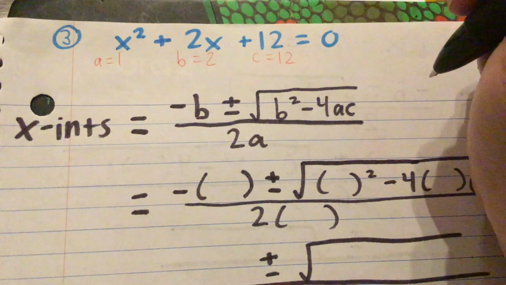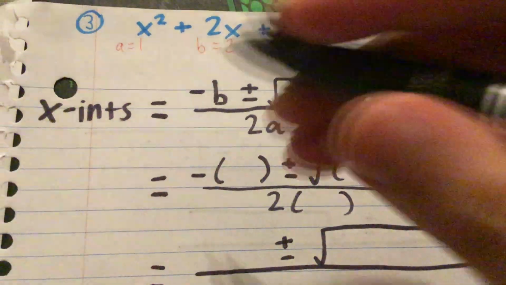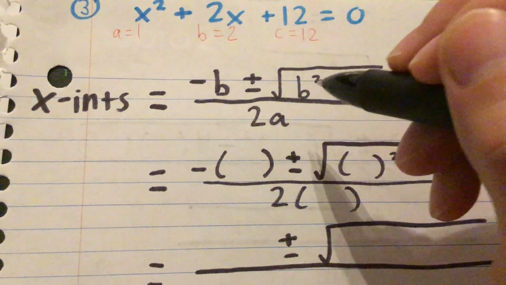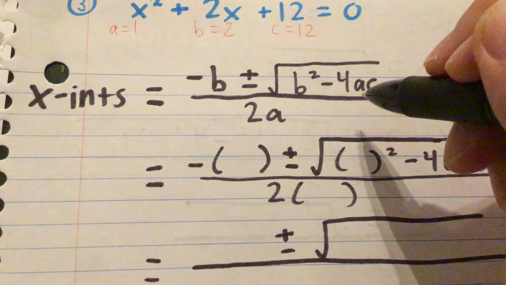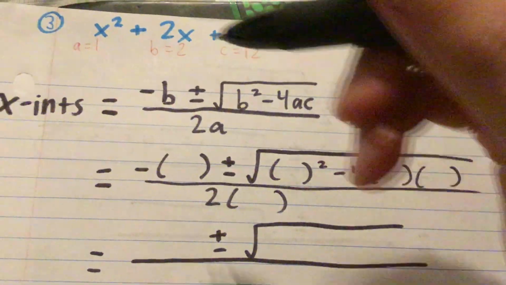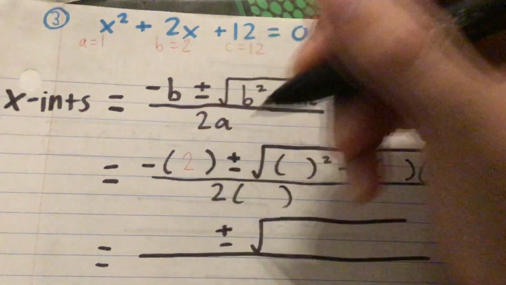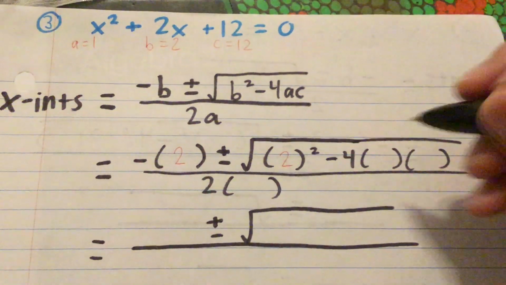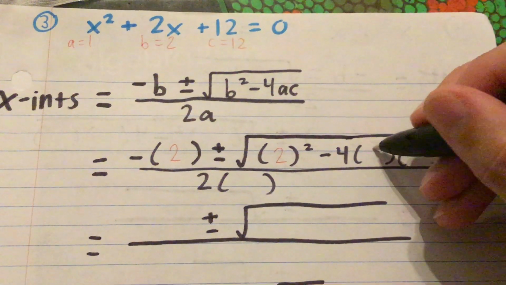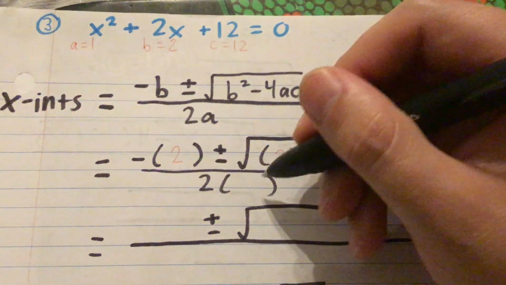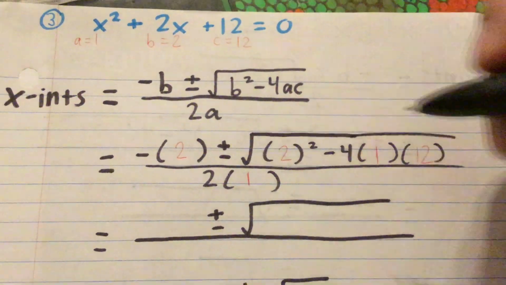So now let's plug it in the formula. Figure out the x-intercepts by doing negative b plus or minus the square root of b squared minus 4 times a times c over 2 times a. So now, since b is 2, negative 2 plus or minus the square root of 2 squared minus 4 times a times c, which is 12, all that over 2 times a, which is 1.